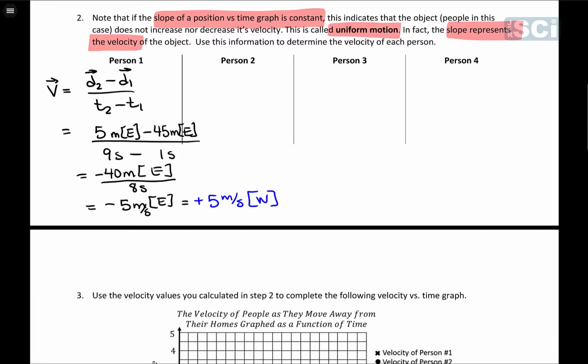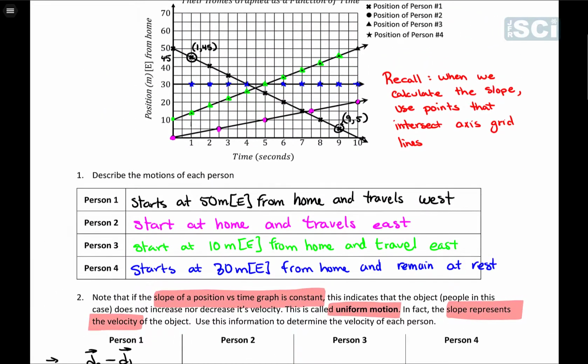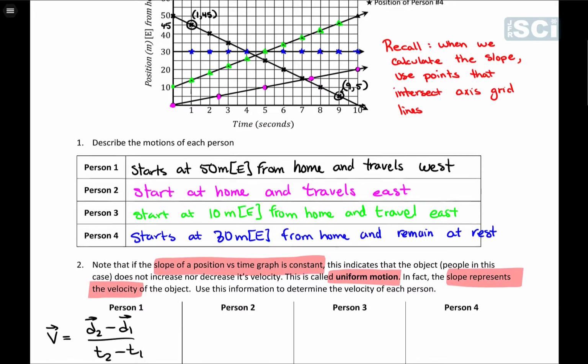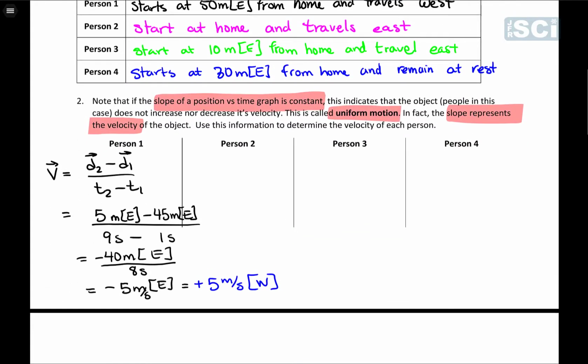Okay. Now, the same situation would happen with the slope calculations for the other 3 people and their values, and I'll just write them down. I'll write them in red here. The value for person 2 is going to be 2 meters a second east, and you should try calculating these and checking it on your own.